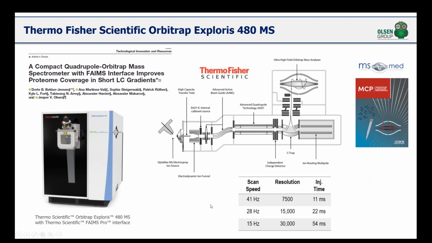The Orbitrap Exploris 480 is this small benchtop instrument that has the same scanning speeds and resolutions available as on the Q Exactive HF-X platform, but much higher robustness.